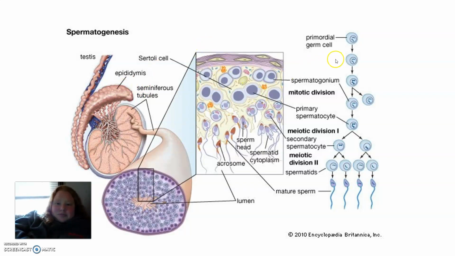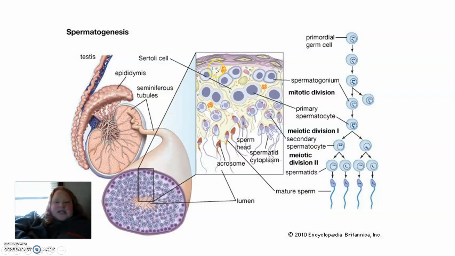Your primordial germ cell, the stem cell that makes these, starts off as a spermatogonium here. So we're starting here, and we have a primary spermatocyte. Remember, this is 2N, and it undergoes meiosis 1, and you get secondary spermatocytes, which are 1N, and then meiosis 2, where you get spermatids, which are also 1N, or haploid. And then those mature in the epididymis to actually become sperm.